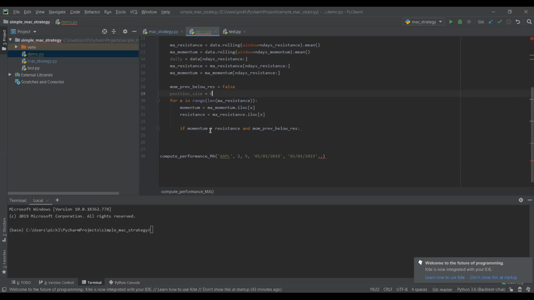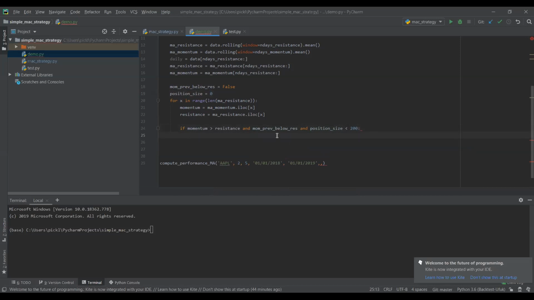We don't want a million shares of a stock. We only want a couple thousand, or in this case, I'm just going to set it to 100. So we keep track of how many stocks we own so that we don't buy a million shares if there are continual buy signals. That'll cause overexposure. And position size is less than, say, 100. Okay, or let's do less than 200.